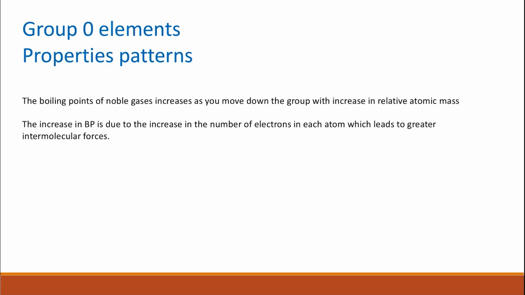Properties of group 0 elements. Chemical properties: they are inert, they are non-reactive. Physical properties, melting and boiling point: there will be an increase in the melting and boiling point as we go down the group.